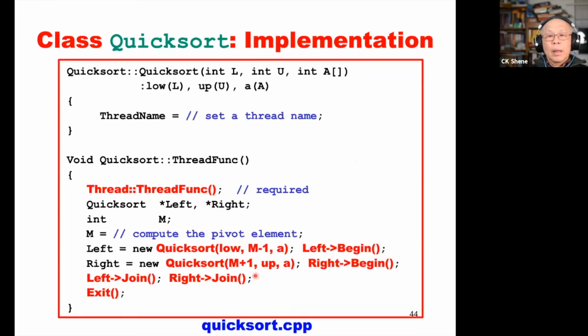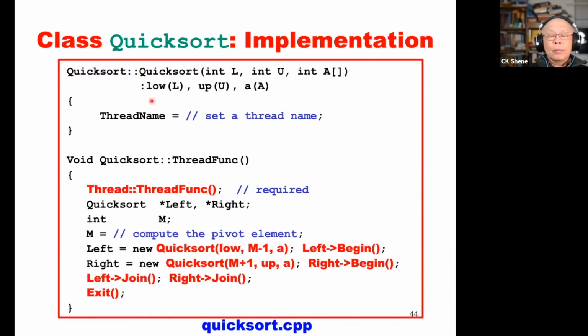Then let's do the implementation part. The implementation part is in the .cpp. Now, because of space limitation, when you write this implementation, you should include your quicksorter.h. Don't forget it. I'm sure you will remember it because all of you are good programmers. So let's do the constructors. The constructor receives lower bound, upper bound, and the address of the array A to be sorted.